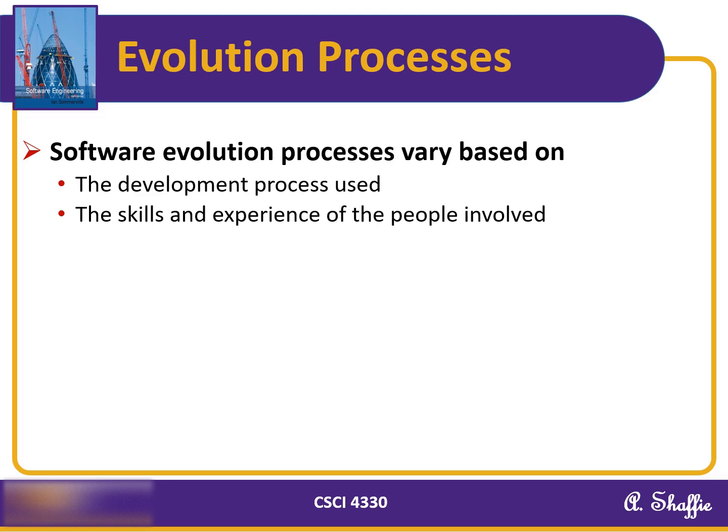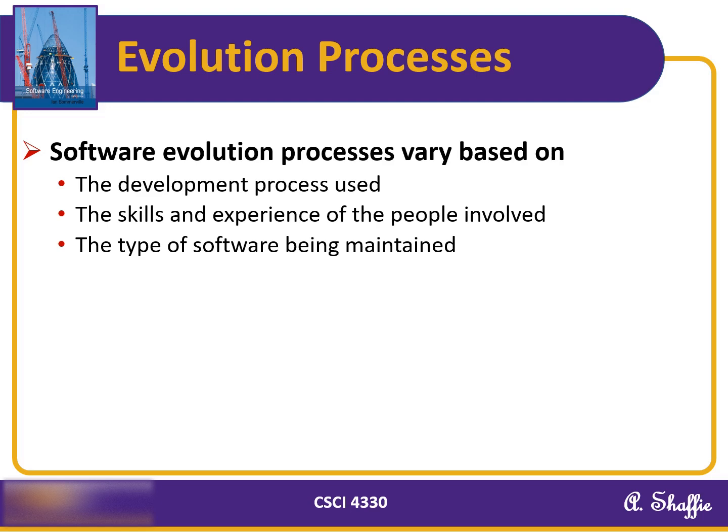Second, the skills and experience of the people involved play a critical role. Experienced developers and teams may handle changes more efficiently and adapt better to unforeseen requirements. Third, the type of software being maintained is also a factor.